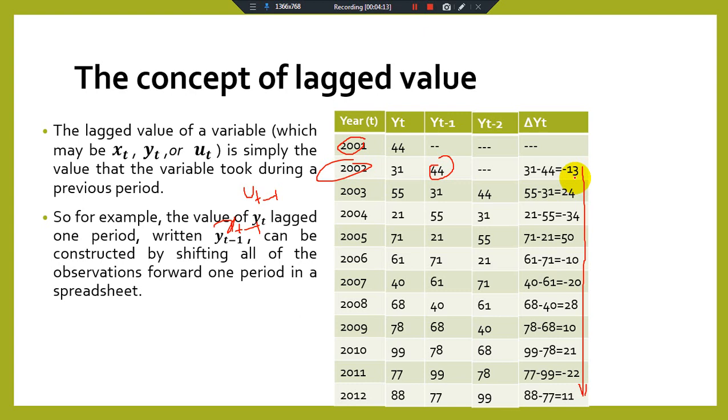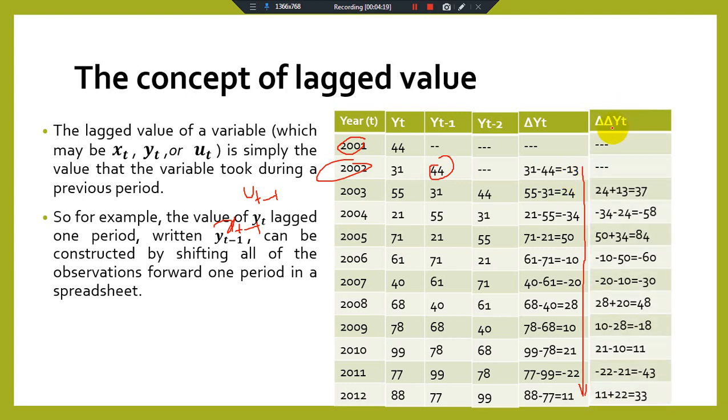Okay, if we are interested in the second difference, now we subtract the two period lagged values, and here we also put nothing in front of our first 2 years.